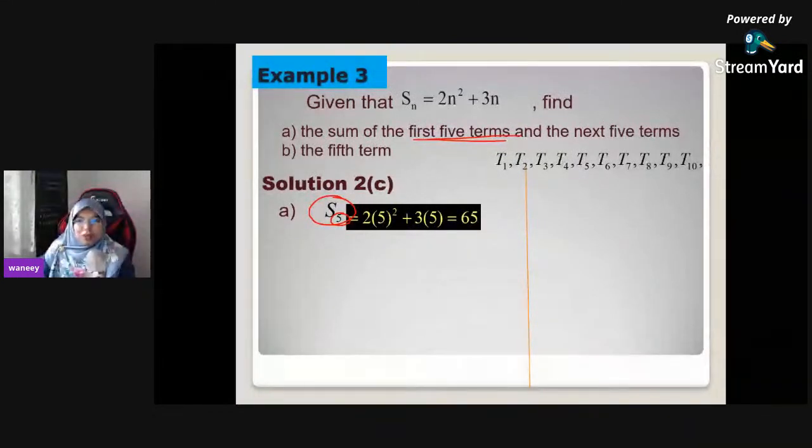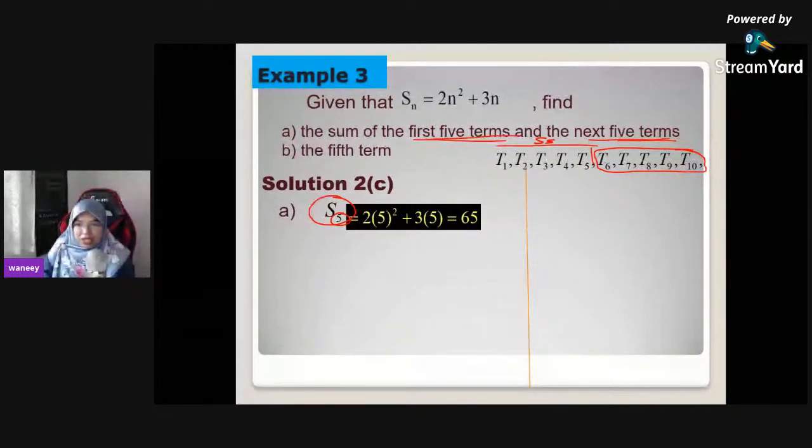Okay, so what do we mean by the sum of the next 5 terms? We have T1, T2, T3, T4, T5. This is actually S5, the sum of the first 5 terms. The next 5 terms means I simply want to know the value when I add T6 plus T7 plus T8 plus T9 plus T10.